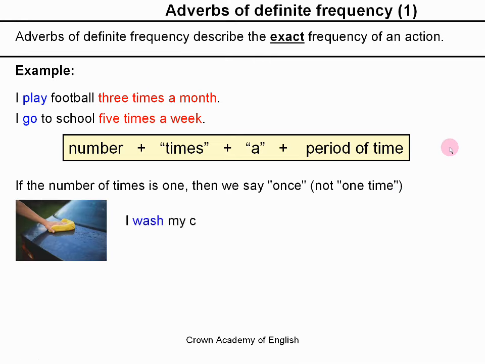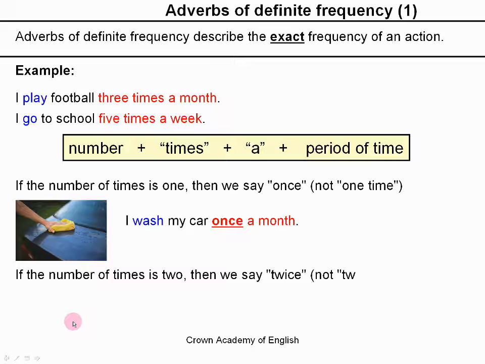Example, I wash my car once a month. We do not say 1 time a month. And if the number of times is 2, then we say twice. We do not say 2 times.